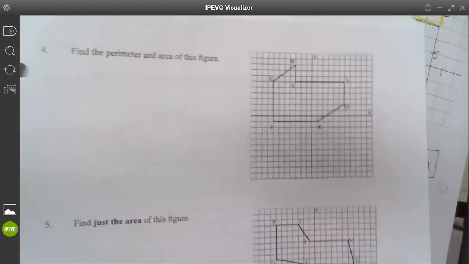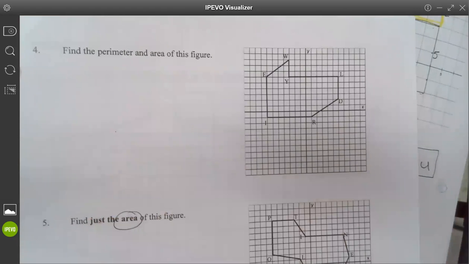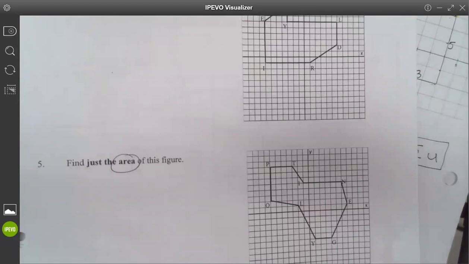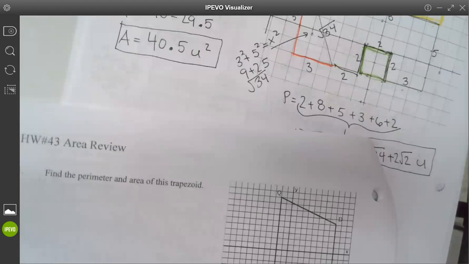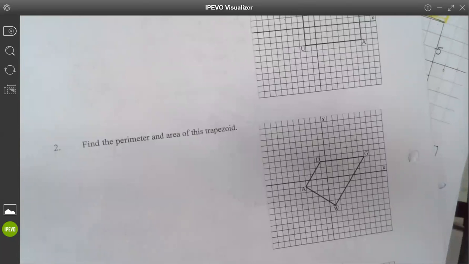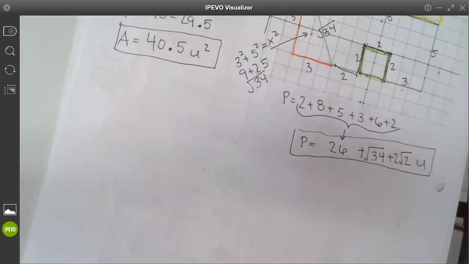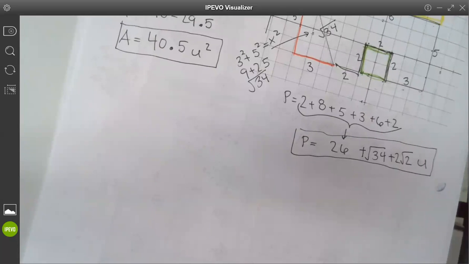Like this one, sorry, it's just area. So you don't have to use the Pythagorean theorem there. Just find the area. And then the first page is a little more straightforward, but still funky shapes. Okay, so that's homework for tomorrow, so that you practice this on your own. You've got to practice this stuff, and then we'll do more reviewing of this tomorrow.